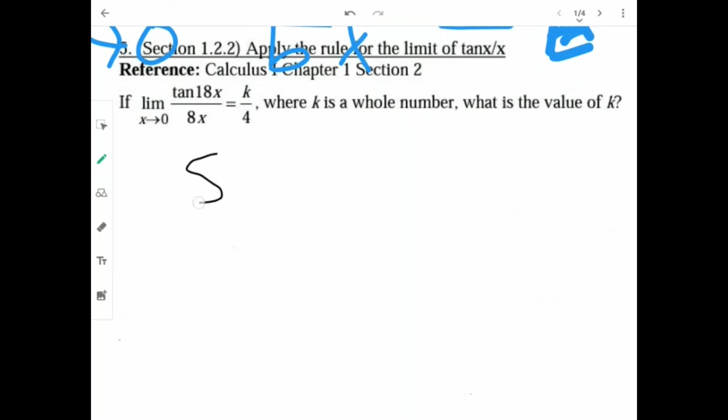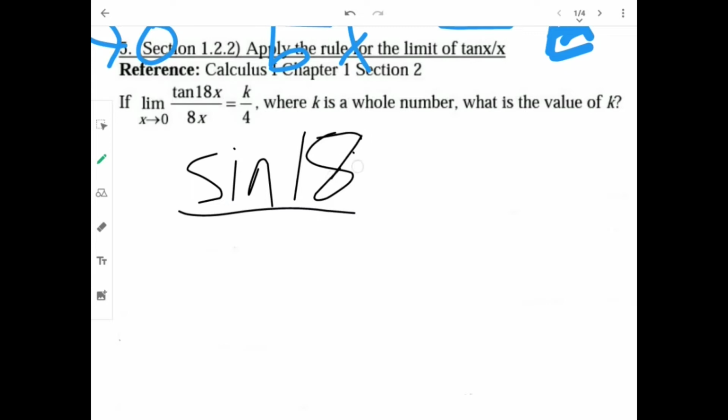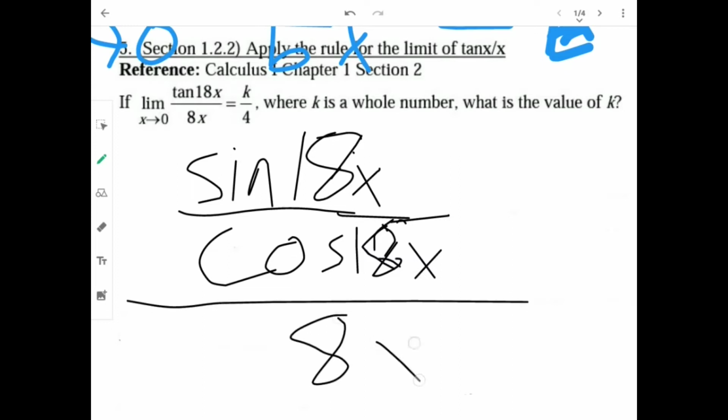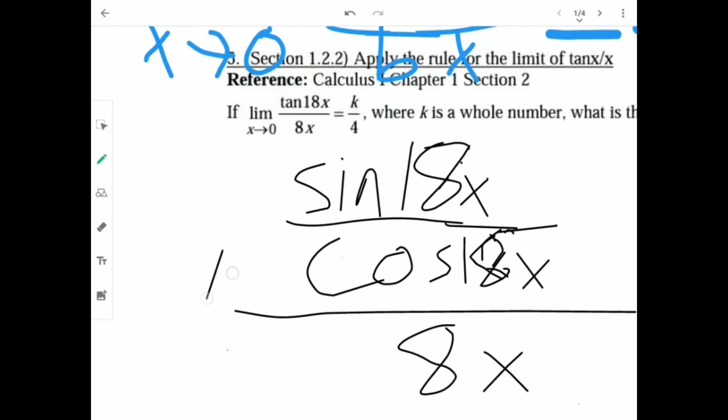So it will be sine 18x over cosine 18x, the whole thing over 8x, and obviously limit as x approaches 0.